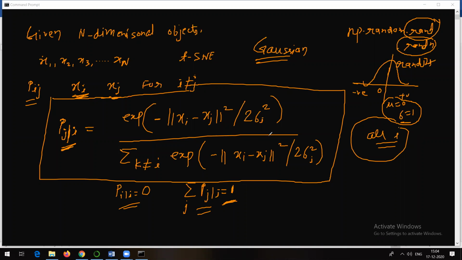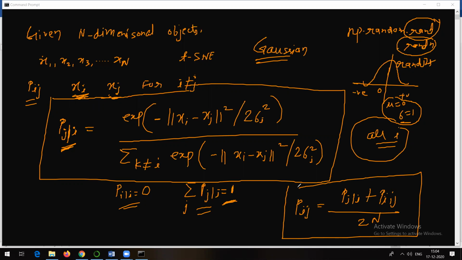So in that fashion you need to pick the values for conditional probability, for calculating the probability whether two points are similar or dissimilar, and you can calculate Pij. Now you can define Pij is equal to pj given i plus pi given j divided by 2n. Obviously, you don't need to remember any of these equations.